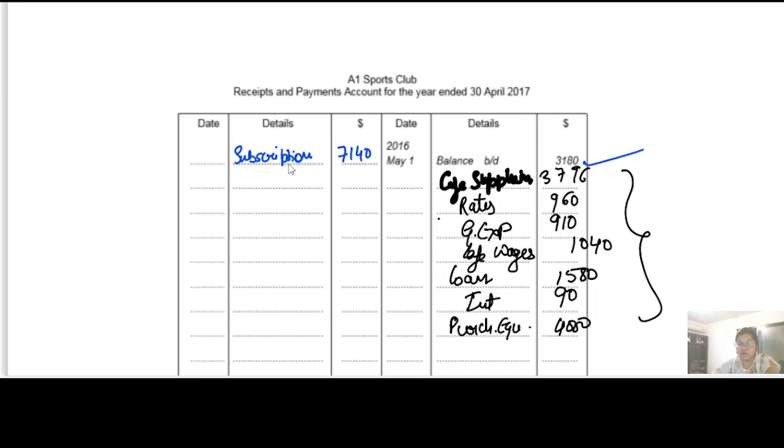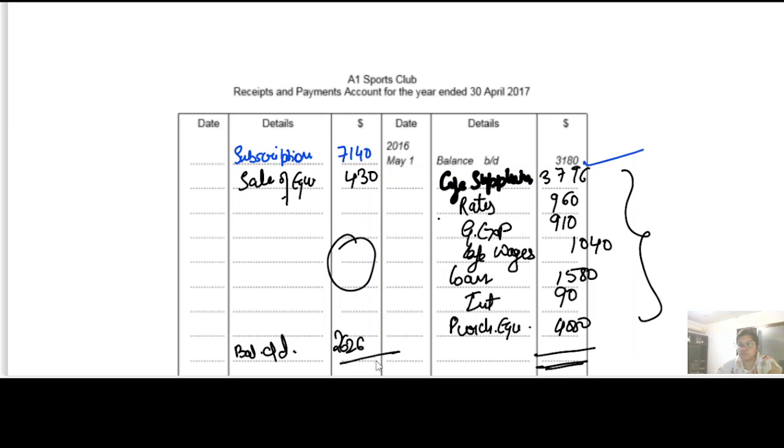Now what you get after selling, you get proceeds from sale of equipment. So it's your receipt, that's why we are going to record it here. And the closing balance is given to you. It's your bank overdraft, it means bank balance carried down, that is 2626. Now whatever difference you are having, that is your cafe sales.